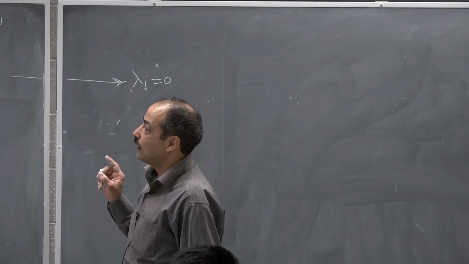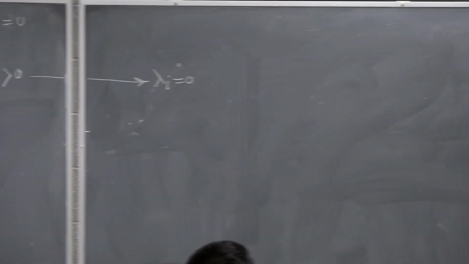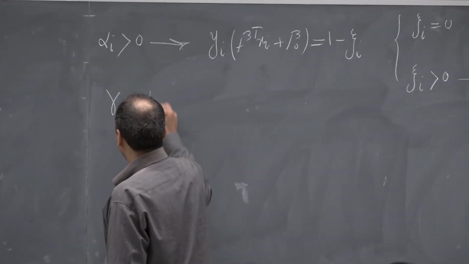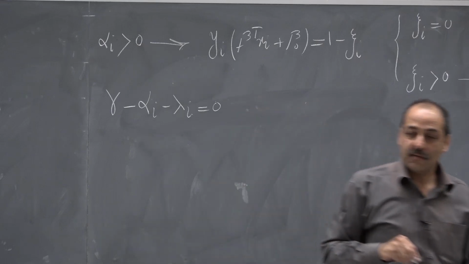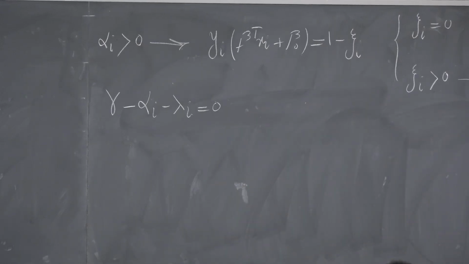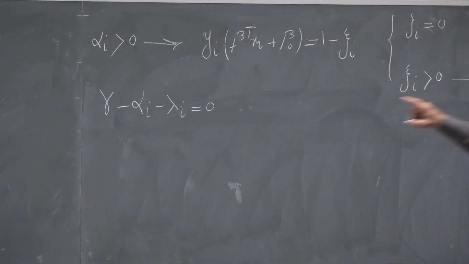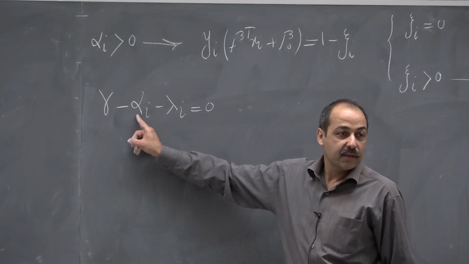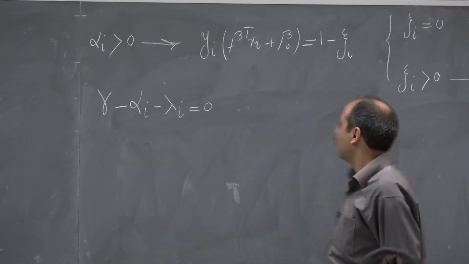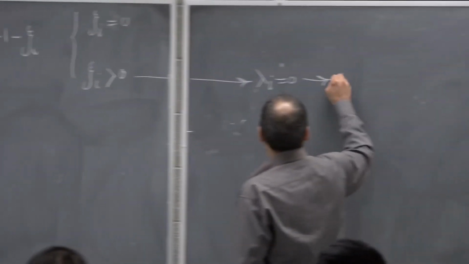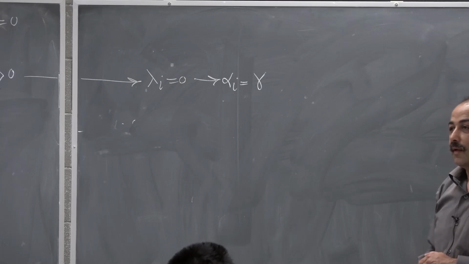If lambda I is equal to 0, don't forget that we had this condition that gamma minus alpha I minus lambda I is equal to 0, right? That was one of the conditions in KKT that we had to satisfy. So lambda I is 0, so it means alpha I is equal to gamma.